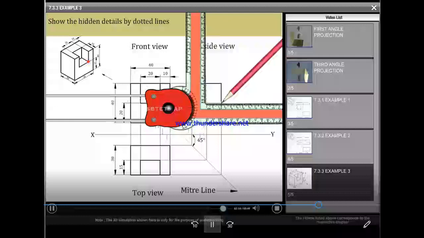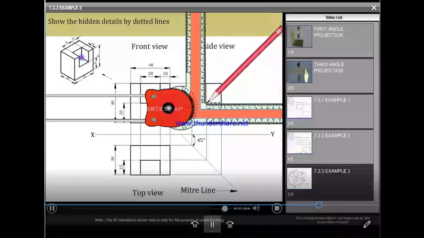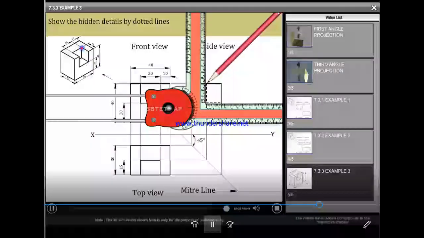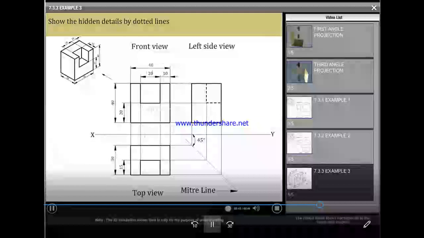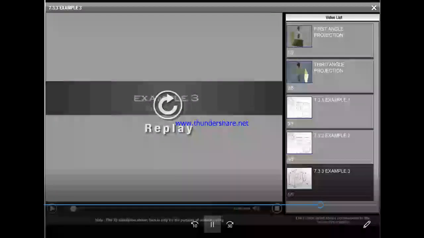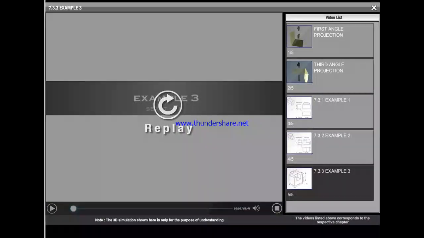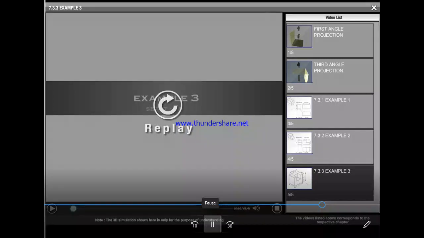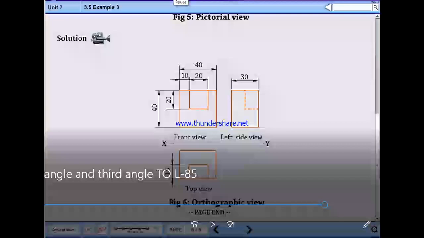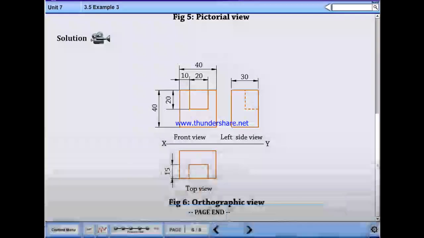Show the hidden details by dotted line. Now observe completely.